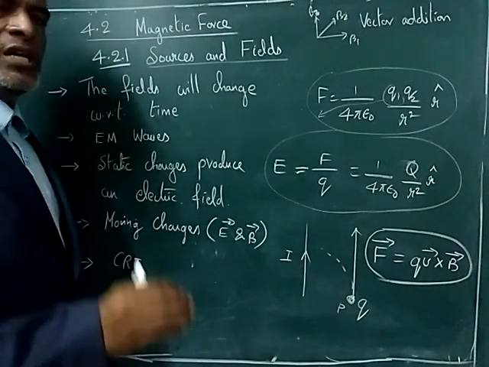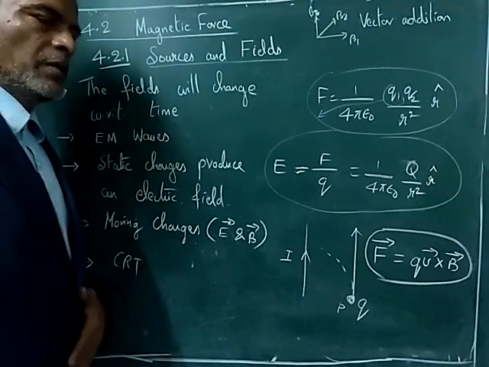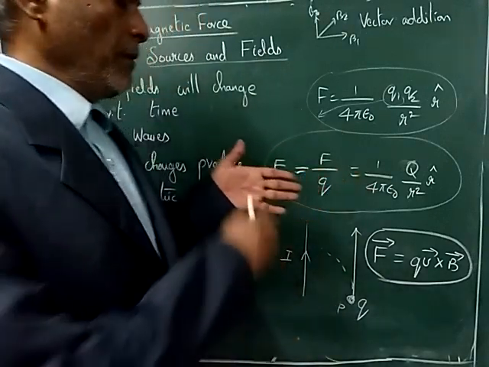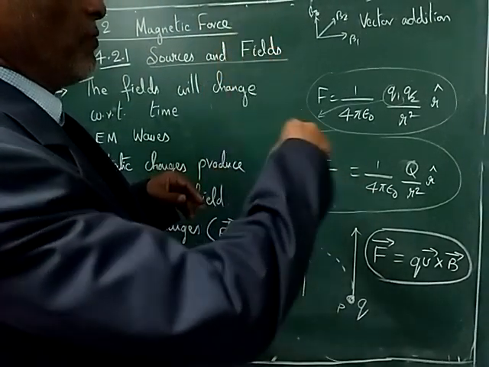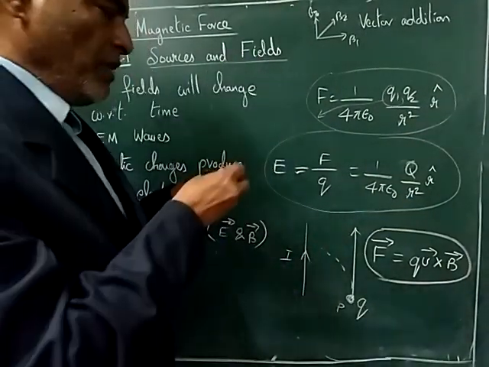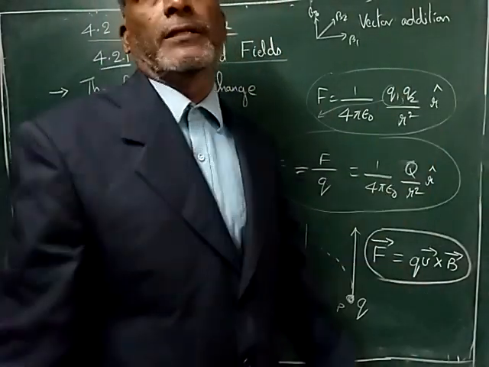Generally, the fields will change with respect to time. That means for electromagnetic fields, if the electric field is a sine wave going like this, the magnetic field will be perpendicular. It is also sinusoidal and has a direction.